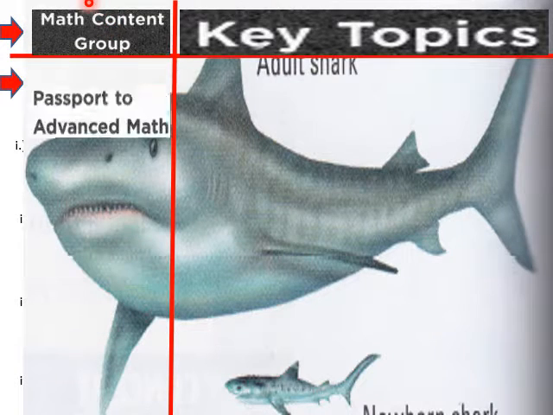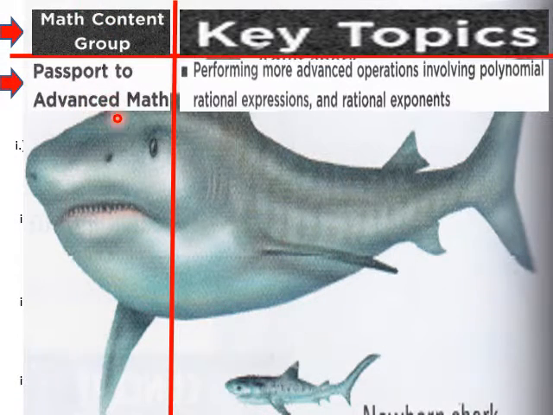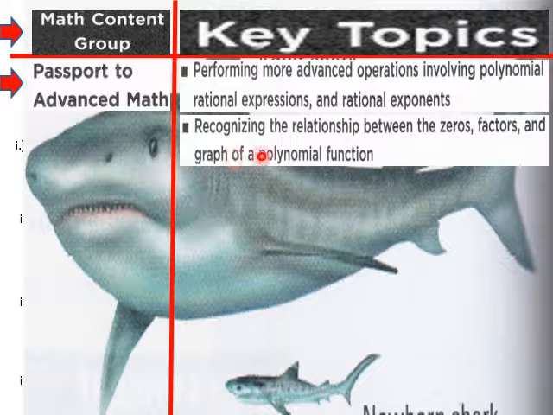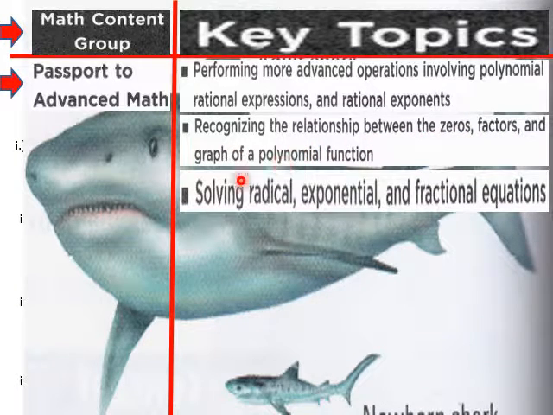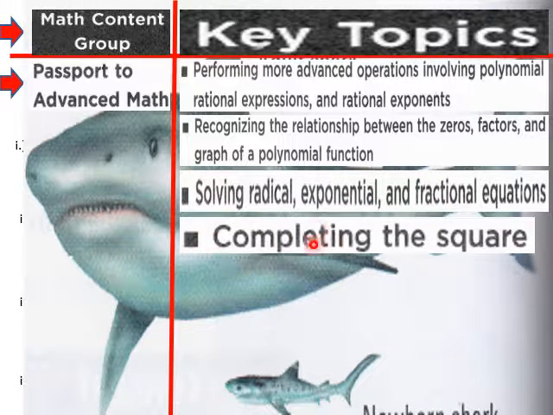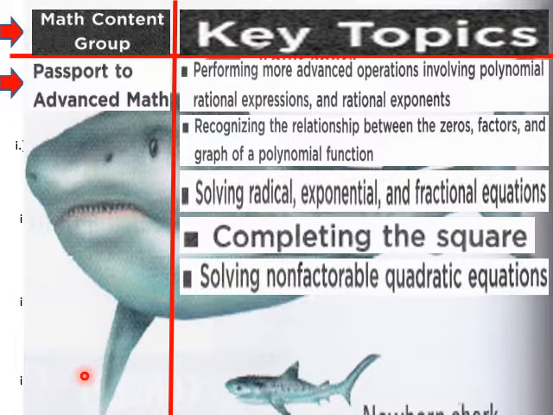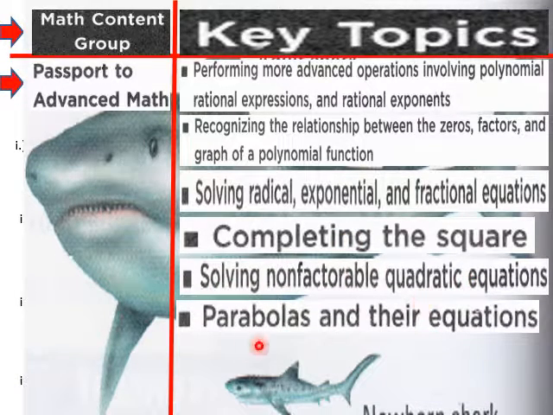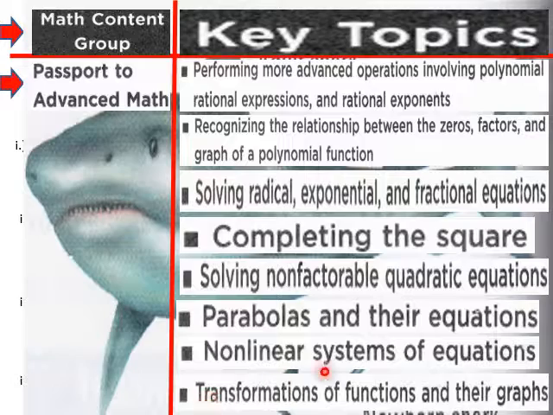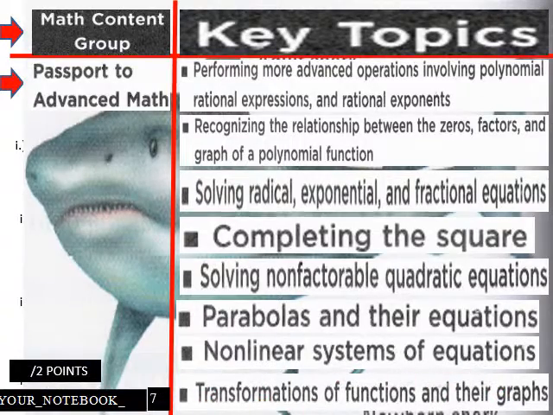Math content group, Passport to Advanced Math. Performing more advanced operations using polynomial and rational equations and rational exponents, recognizing the relationships between zeros, factors, and the graph of a polynomial function, solving radical, exponential, and fractional equations, completing the square, solving non-factorable quadratics, parabolas and their equations, nonlinear systems of equations, transformations of functions and their graphs.